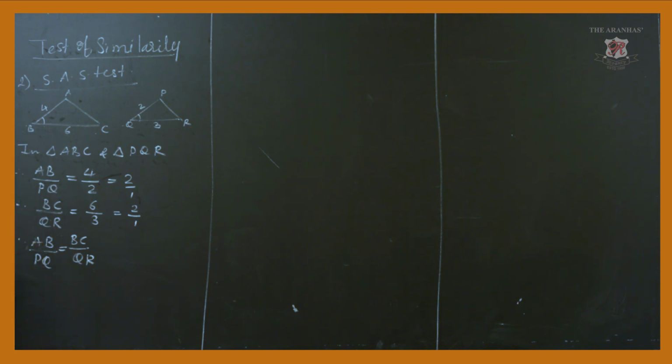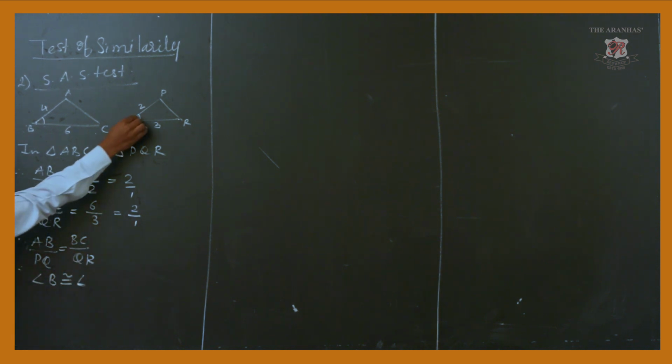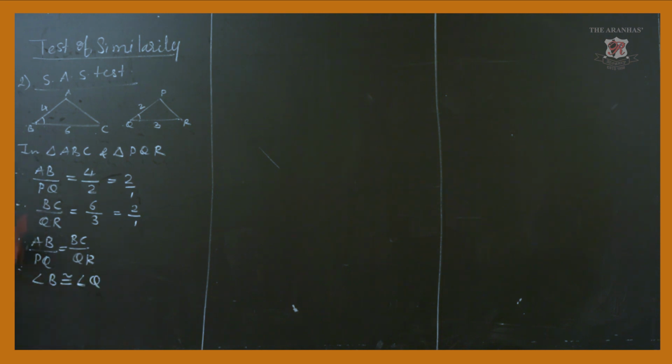These two ratios are the same and the angles between them, the included angles, angle B and angle Q, are also congruent to each other, whose measurements are given. By the sign we realize they are congruent. We can write angle B is congruent to angle Q, because the measurements of B and Q are the same. Now, two sides are in proportion and the included angles are congruent to each other.